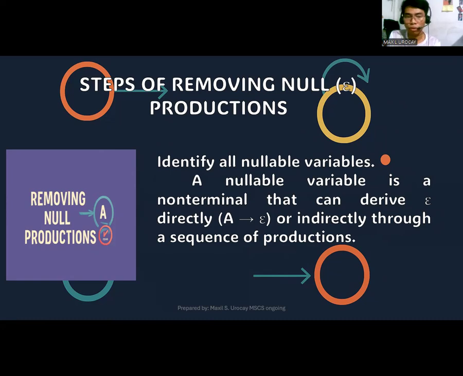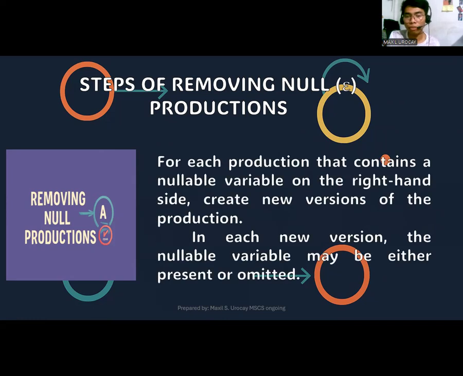We have to identify all the nullable variables. A nullable variable is a non-terminal that can derive empty, for example A derives empty, either directly or through a sequence of productions. Then, next step, for each production that contains a nullable variable on the right-hand side, create new versions of that production.